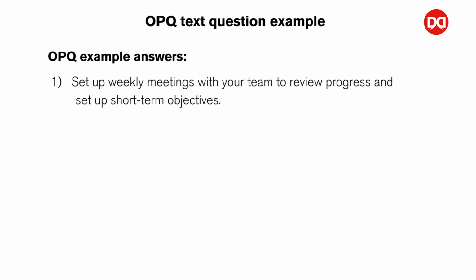And then it gives you 3 possible responses to this situation, and you have to choose one of those responses. The following responses are your possible choices. Number 1, set up weekly meetings with your team to review progress and set up short-term objectives.